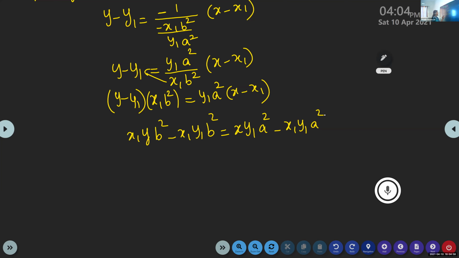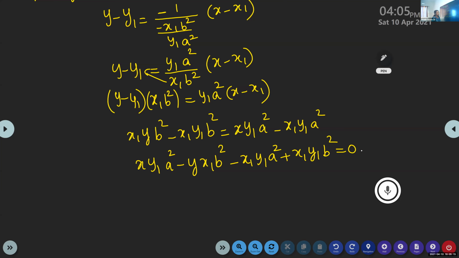When we rearrange the terms, xy1 a square minus yx1 b square minus x1y1 a square plus x1y1 b square is equal to 0. This is the equation of the normal.